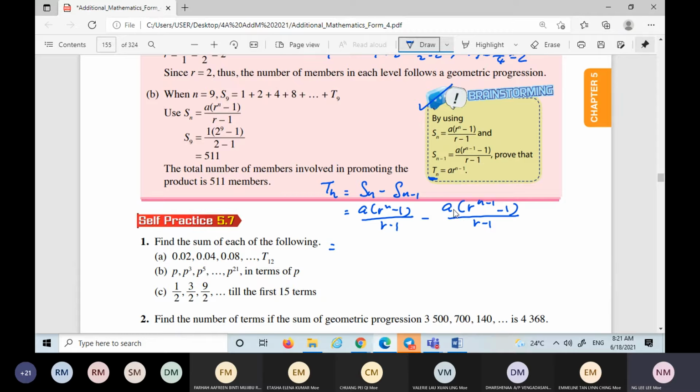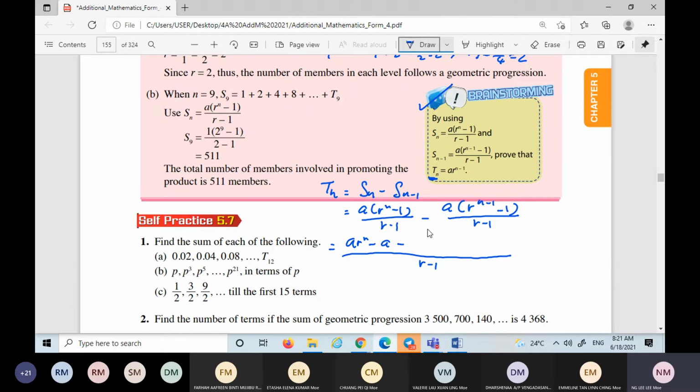First of all, I can see the r minus 1, both denominators the same for both fractions. So I'm going to combine the fractions, same denominator, r minus 1. Then maybe what I can do is expand, bring in the a, and see what I can simplify.